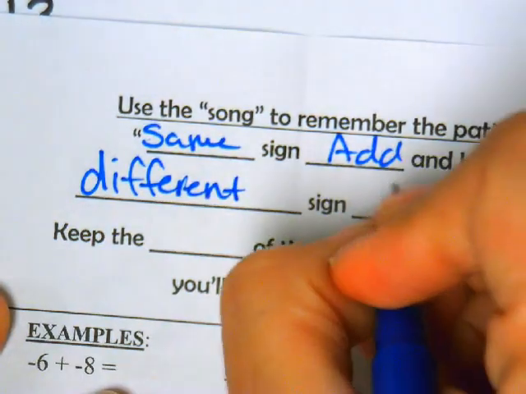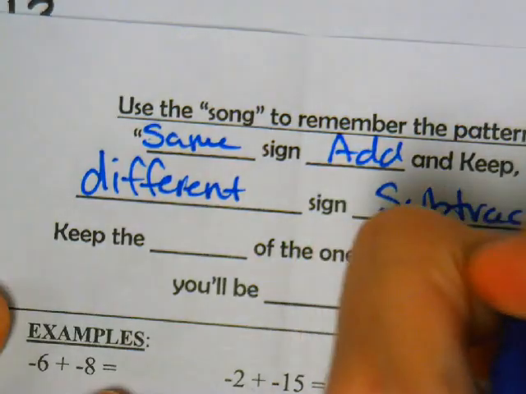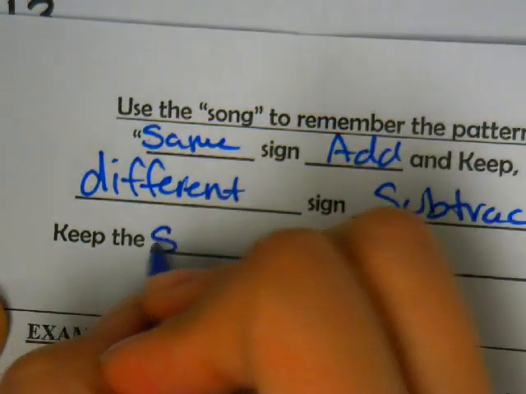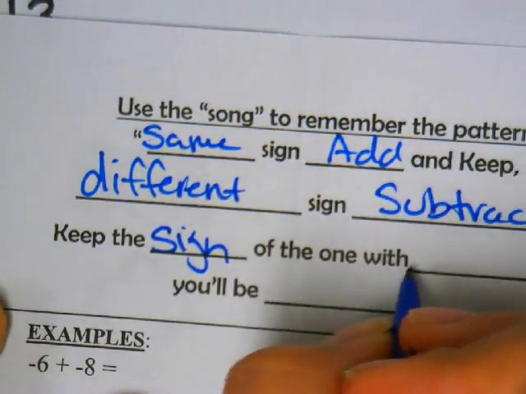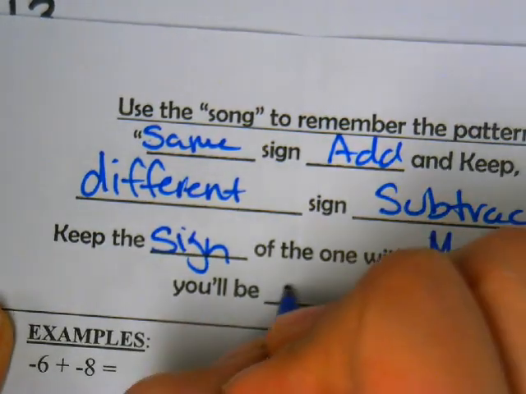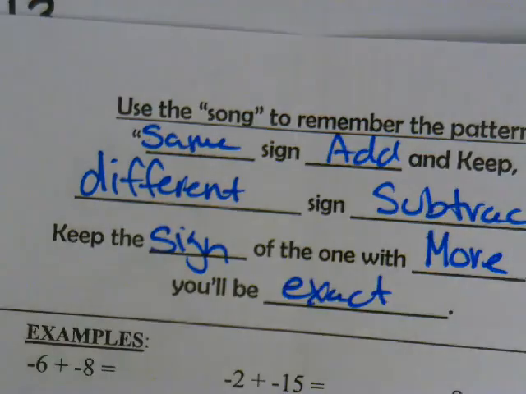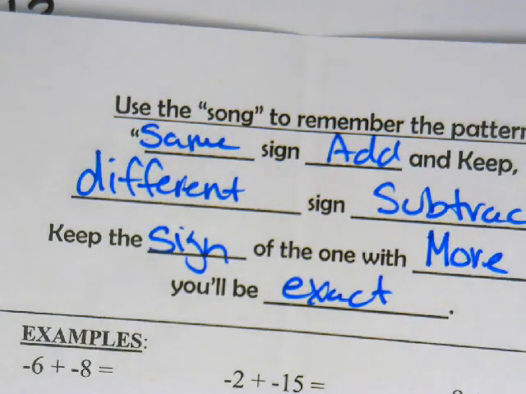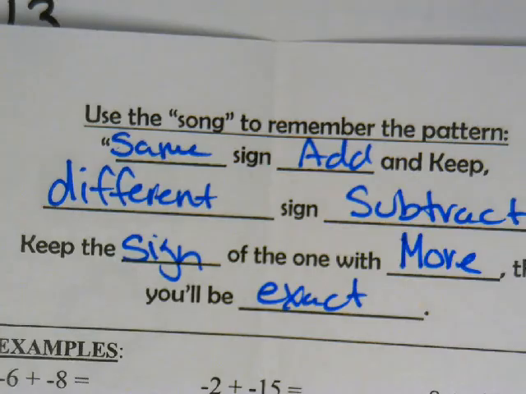Different sign, subtract, and keep the sign of the one with more. Then you'll be exact. Same sign, add and keep, different sign, subtract.